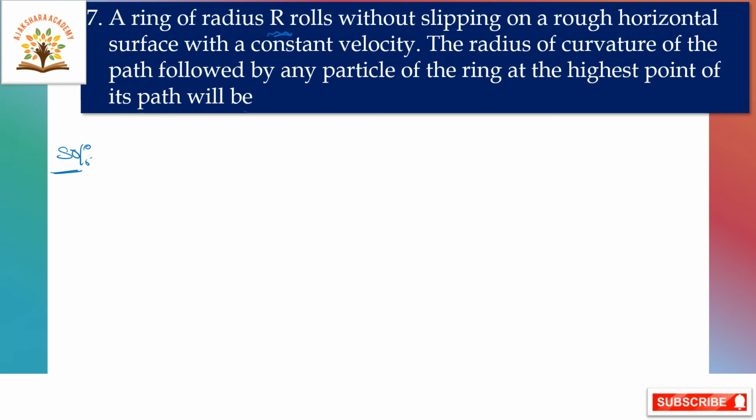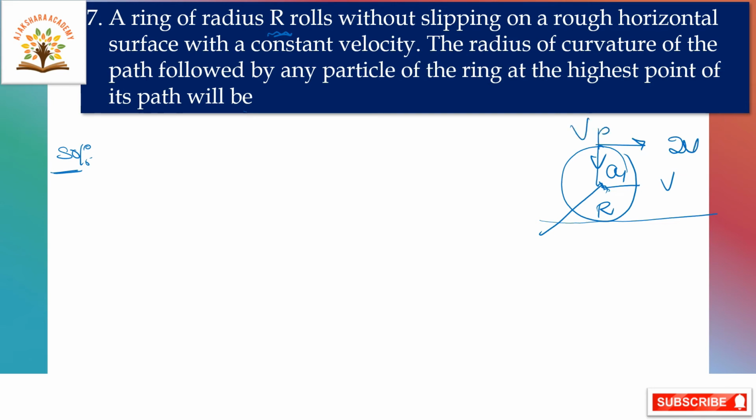This is a ring of radius r which rolls without slipping on a horizontal surface with constant velocity.